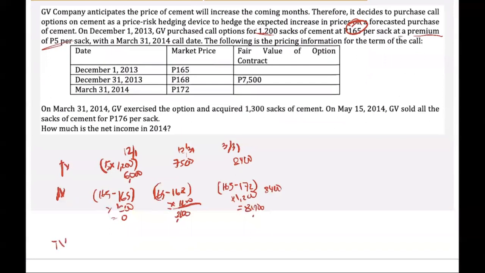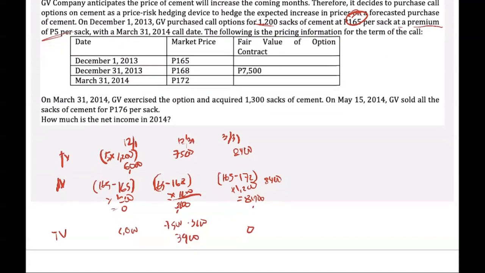Next, we compute your time value: 6,000 less 0, 6,000. This one, 7.5 less 3.6, we have 3.9. And then 8.4 less 8.4, we have 0. For your intrinsic value, we have the following amounts: 0, 3.6, and 8.4. Where do we place the changes? In OCI.